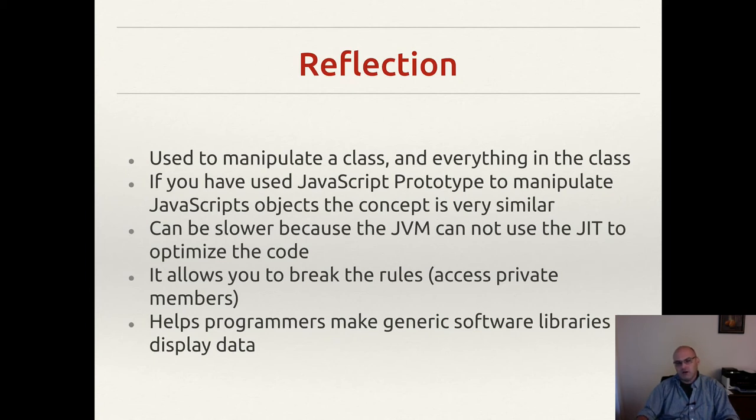Because it is not known at compile time all of the information that we need to satisfy the just-in-time compiler, the JIT, it can't optimize all of that code for runtime. The just-in-time compiler is a method that the JVM uses to optimize code. This is why they tell you, if you use final for things that won't change, it's going to make your program faster, because it's going to store it in a different place in memory, and it's going to be more accessible, and it doesn't need to go back and get it, that kind of thing.